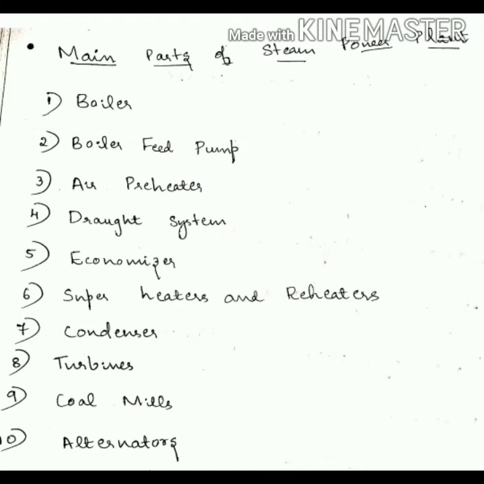Okay, and next part is an air preheater. So air preheater is also one of the important parts. What it does is it will extract the heat from the flue gases to the combustion air, and air preheaters apply either convection or regeneration principle of heat transmission.